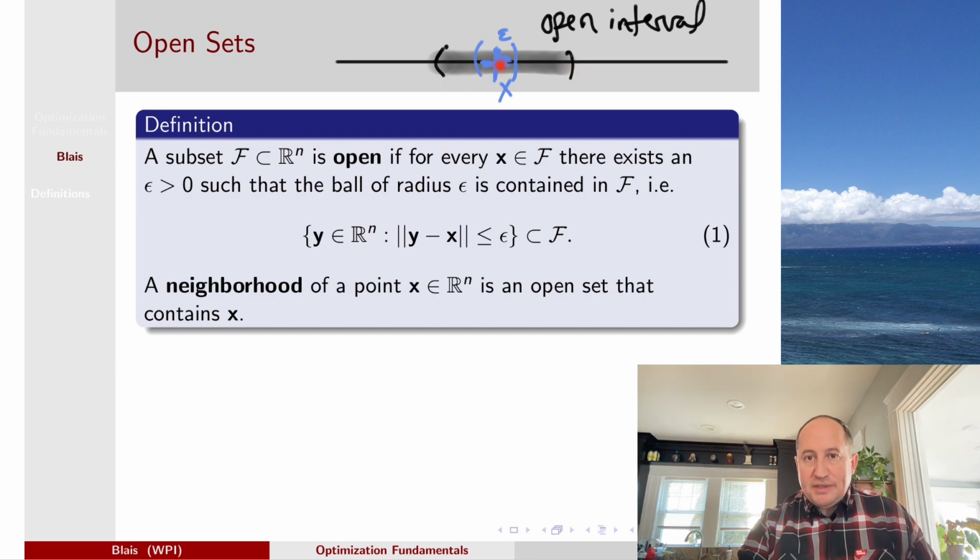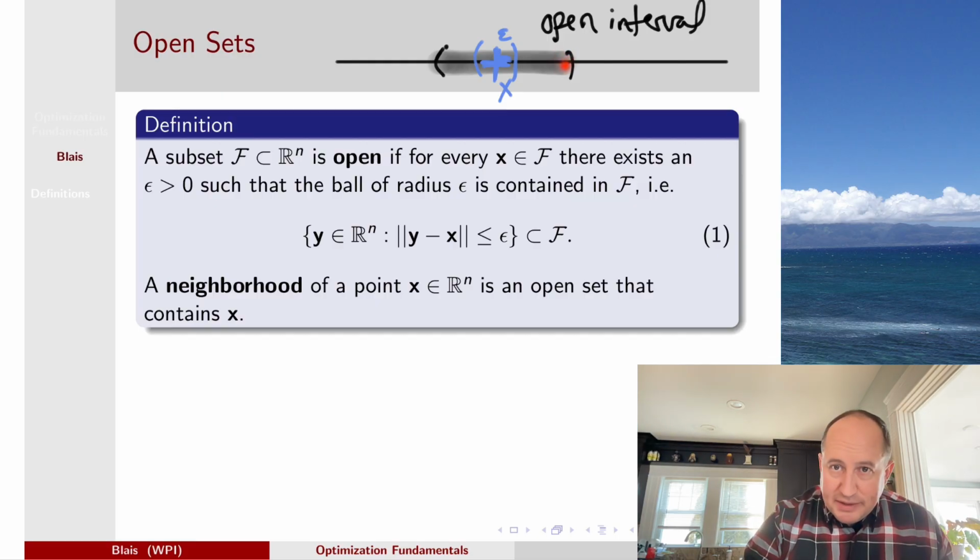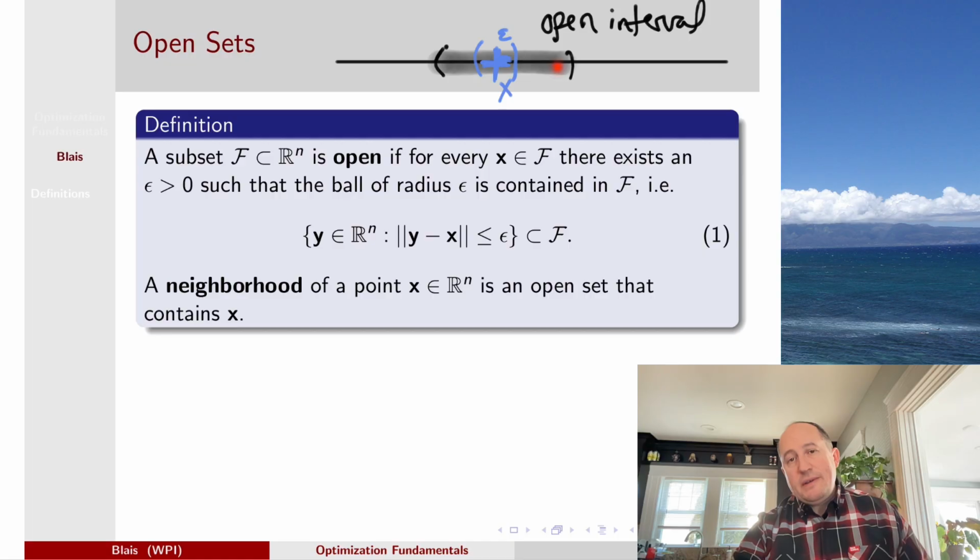And you can do this for any x in this open interval. So if you pick an x very close to, say, this right endpoint, you can pick your epsilon to be half the distance between that x and this endpoint, and you can get a little interval with x at the center inside of the set. And that's what it means for this interval to be open.